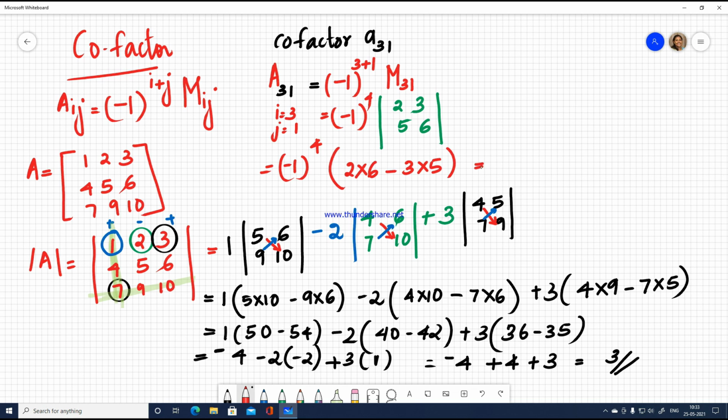So minus 1 raised to 4 into (12 minus 15), that is minus 3. The answer is minus 3.